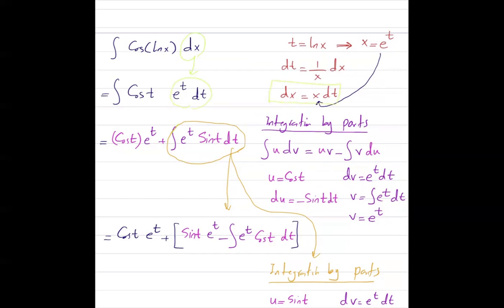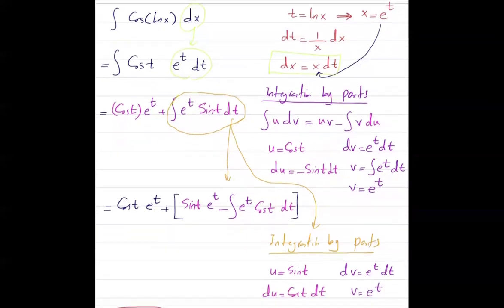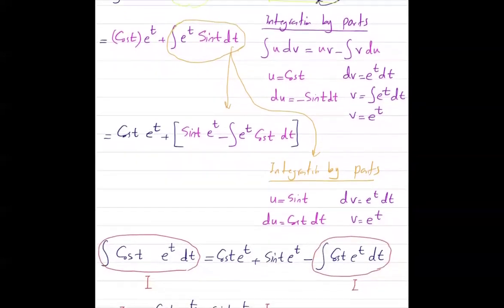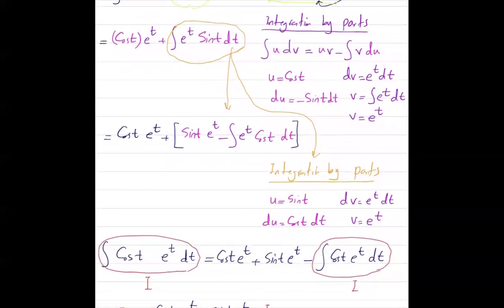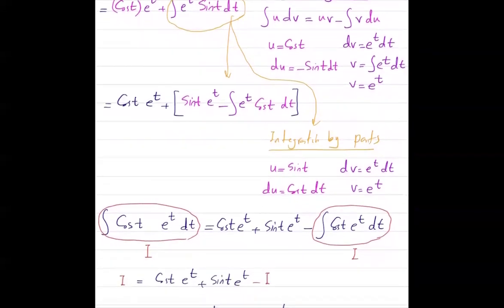And for this integral, we applied integration by parts. But when we applied integration by parts, the integral of e to power t cosine t appeared. So we applied integration by parts for the second time. But when we did that, we got the original integral back at the end. We ended up with the integral of cosine t e to power t on the left-hand side and its opposite on the right-hand side. We used algebra. We called this integral a quantity like I, m, anything that you like.